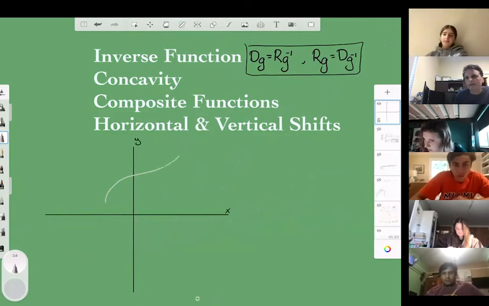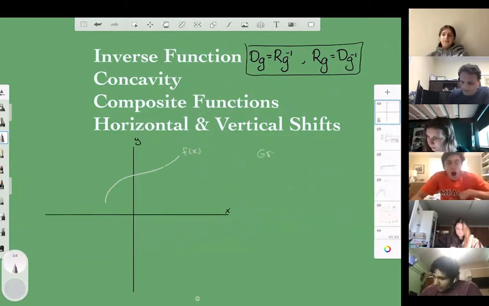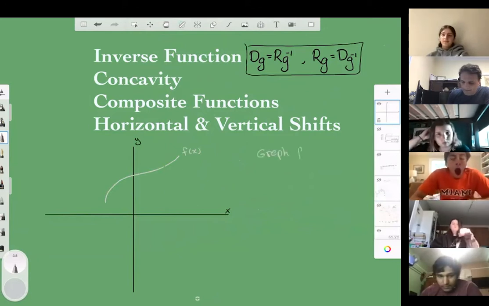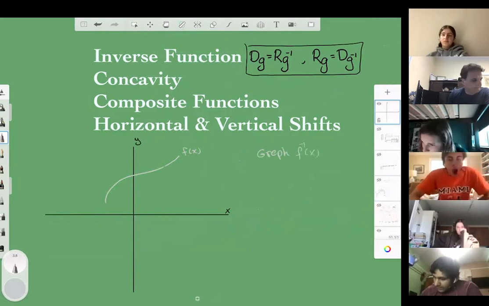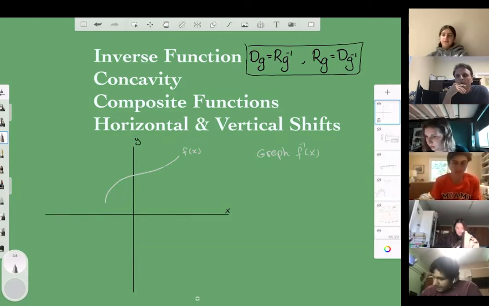We have no idea what the equation of the graph is, but I'm going to call it f of X. And my question is, graph f inverse of X. How do we graph that?